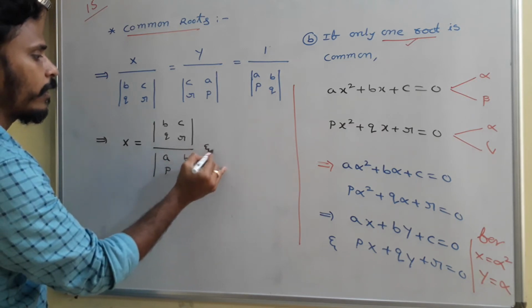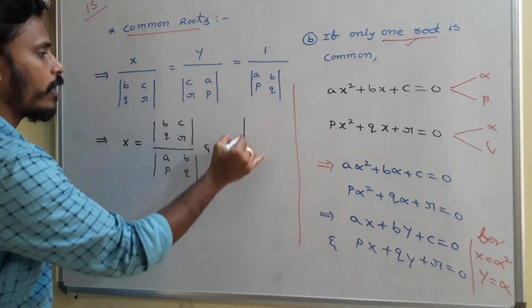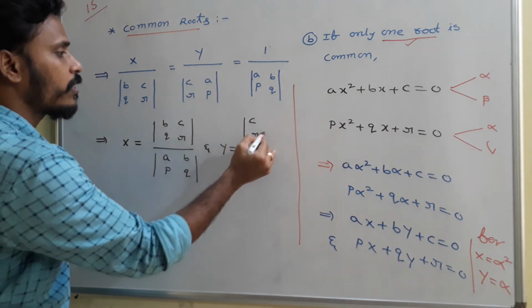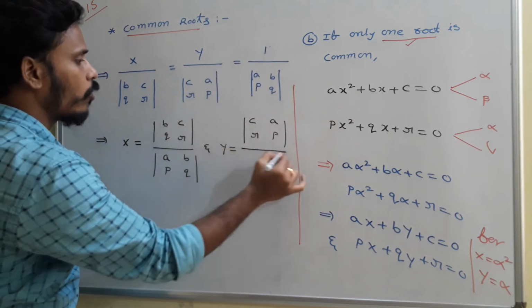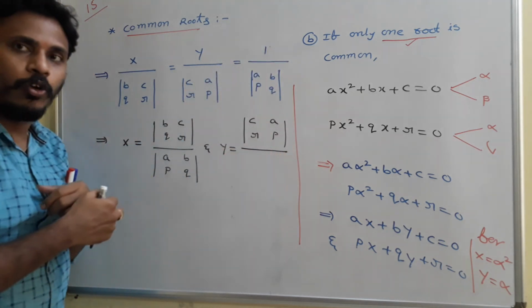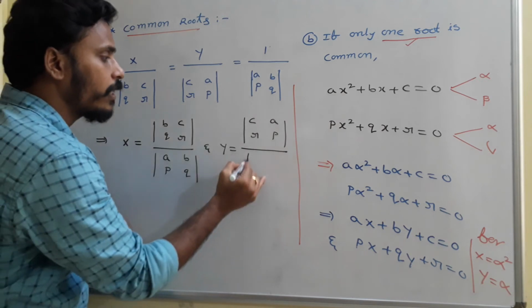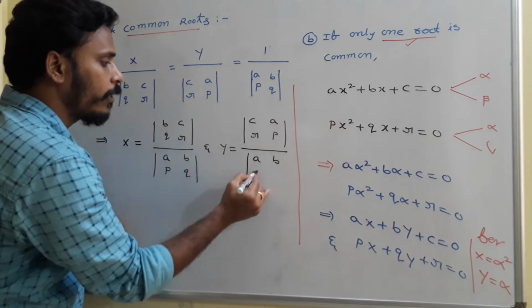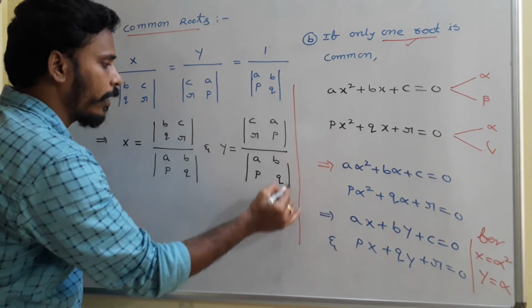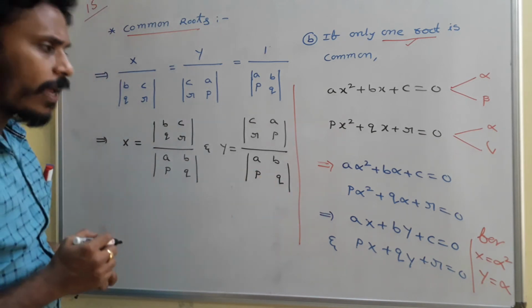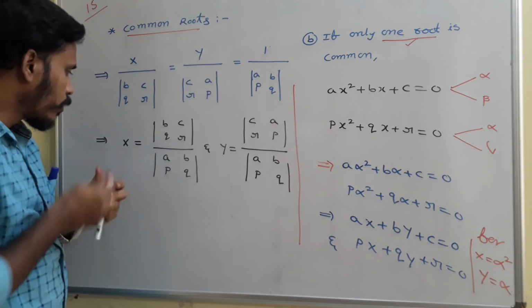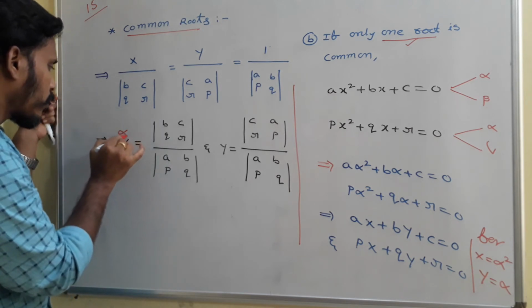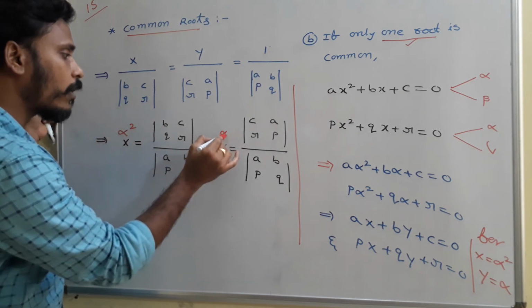And y is equal to determinant of CR AP, send this determinant that side, don't write the determinant value because I don't need it now, divided by the determinant of AB PQ. And we know x is simply alpha square and y is simply alpha.